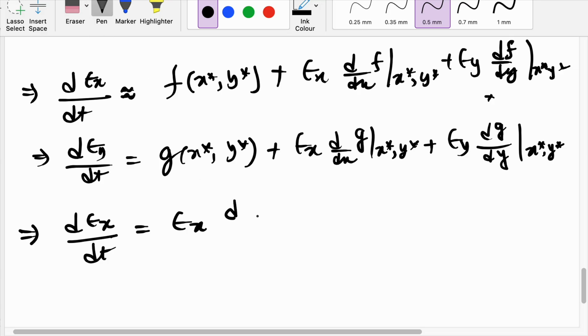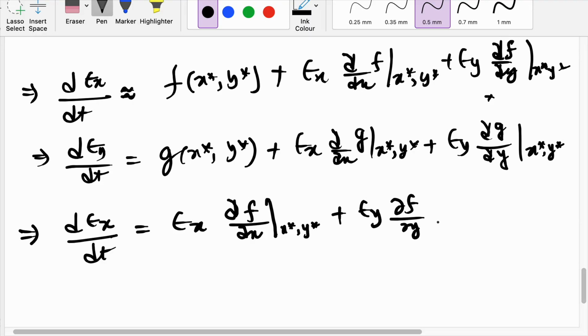Let me write it in this way. This should be del x, the partial derivative. So d epsilon x by dt equals epsilon x del f del x at x star, y star, plus epsilon y del f del y at x star, y star.